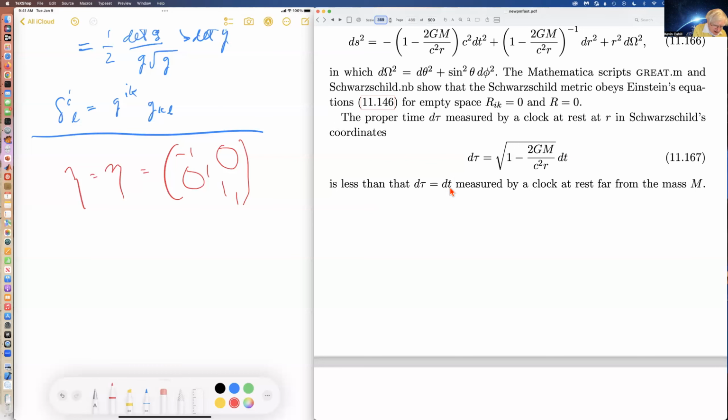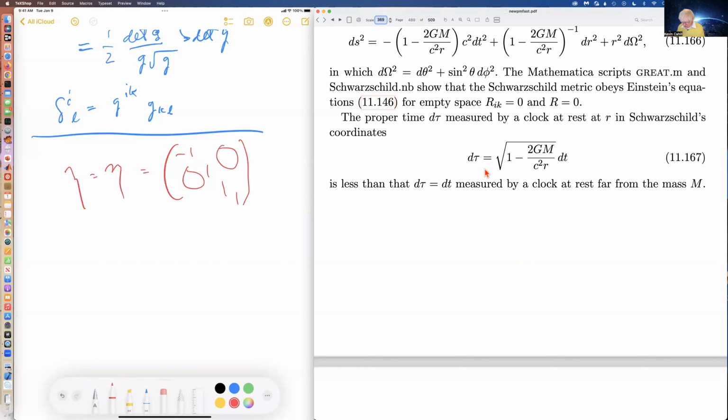That's a silly way to express things. All right, let's put it this way. The time between ticks for a clock near a black hole is huge.